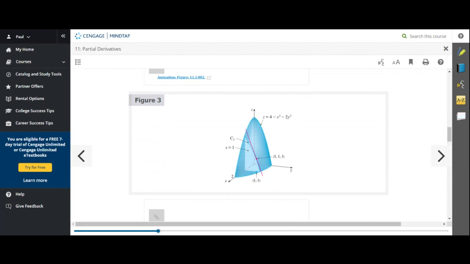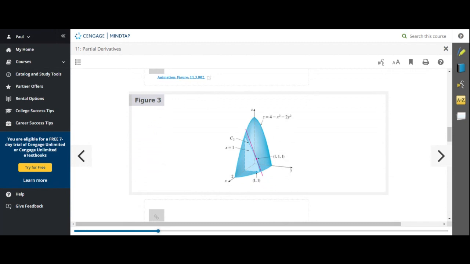Is that tangent line, with respect to the positive y-axis, going up or down? Going down. Good.